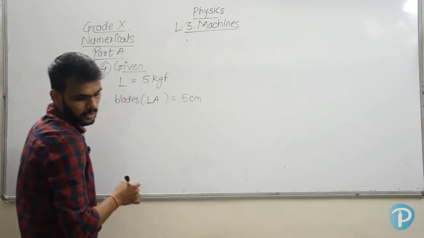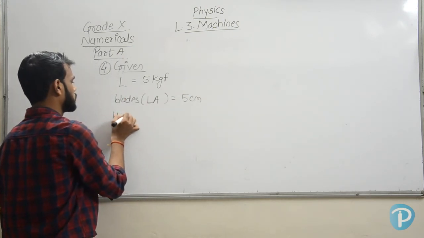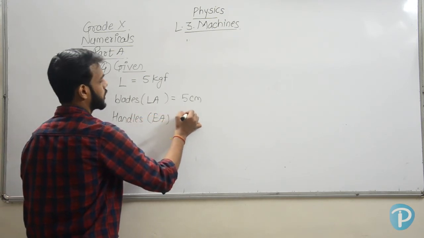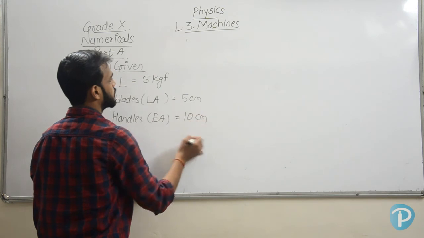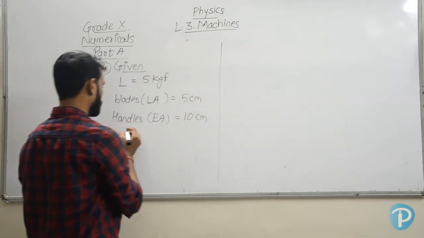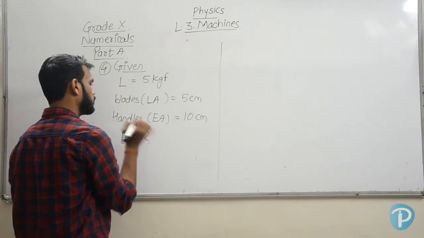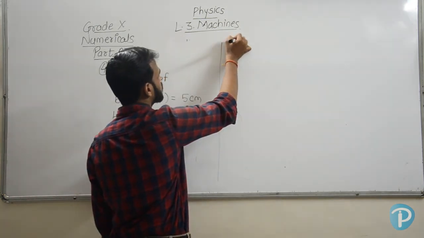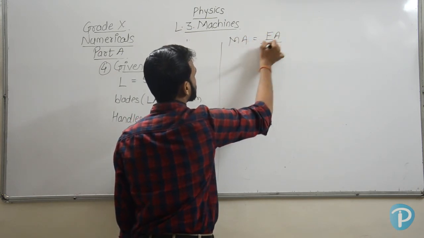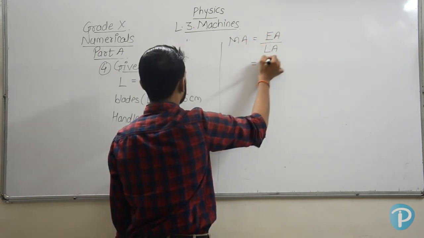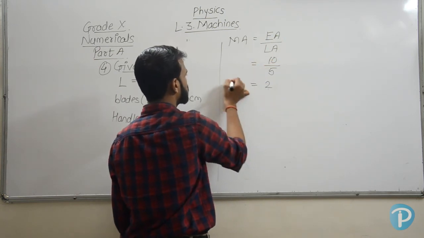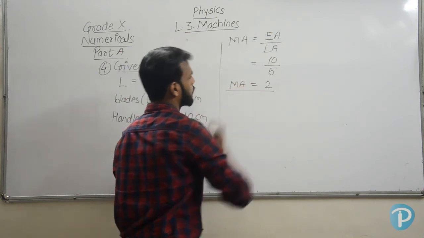and handle is nothing but effort arm, that is given 10 centimeter, right? So we have to calculate the effort required, E. Again, first of all, we'll calculate MA, that is effort arm upon load arm. So effort arm is 10, load arm is 5, so the value is 2, right?